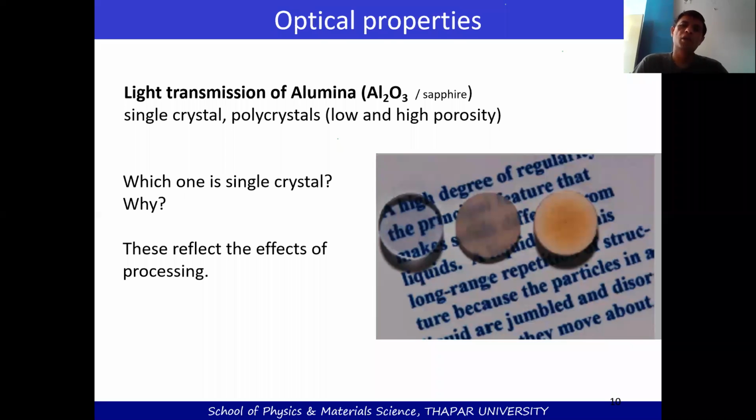It is because the internal structure of the material in all the three cases is different.